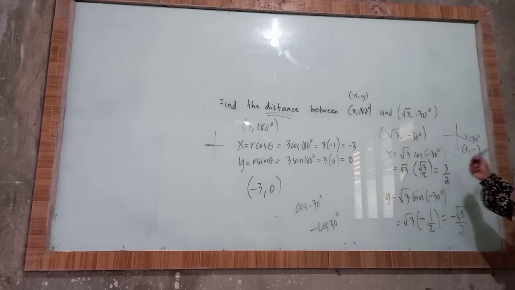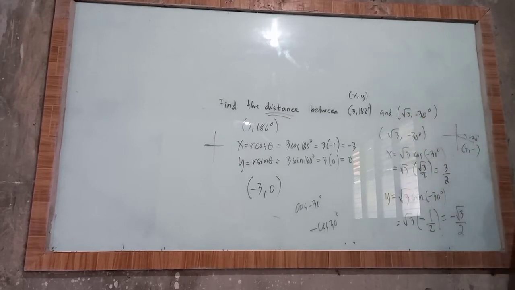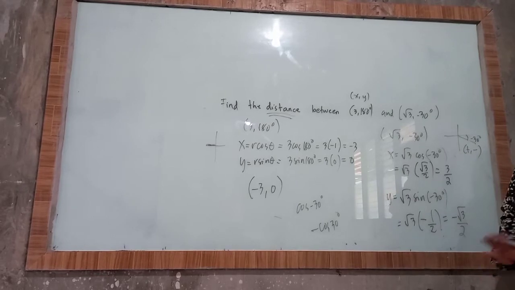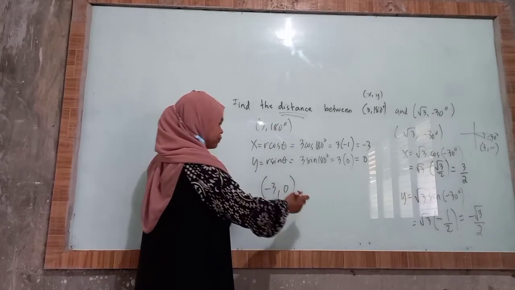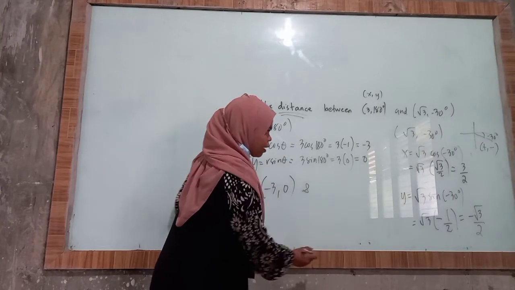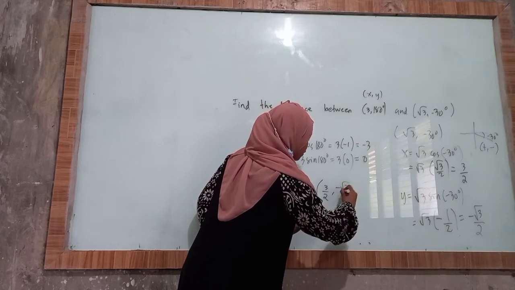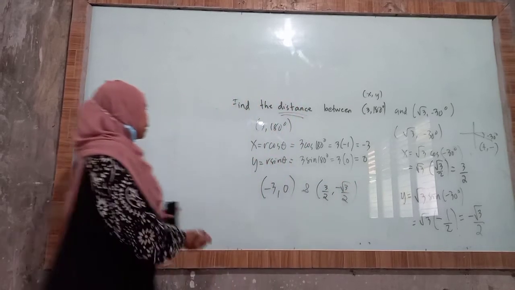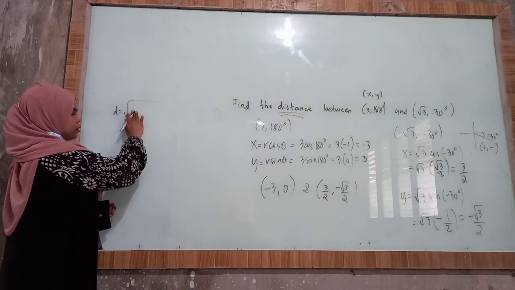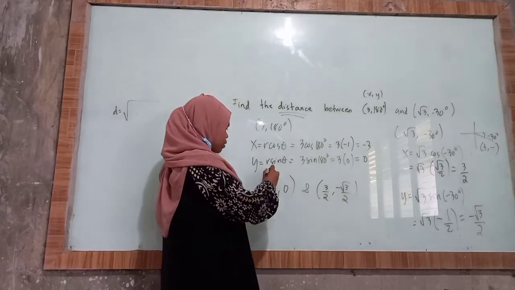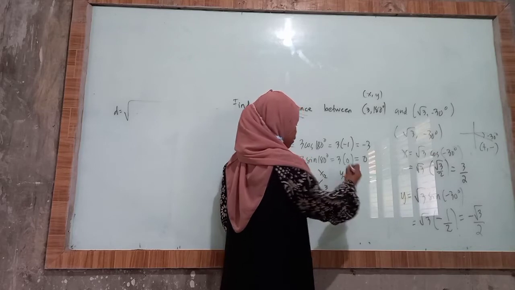Since we already have the rectangular coordinates of each point, we can now use the distance formula. Okay, so negative 3, 0 for the first point. And then I have 3 over 2, negative square root of 3 over 2 naman for the second point. So I can now use the distance formula. Distance formula, yan yung first topic natin. This is my x sub 1, y sub 1, x sub 2, and then y sub 2.